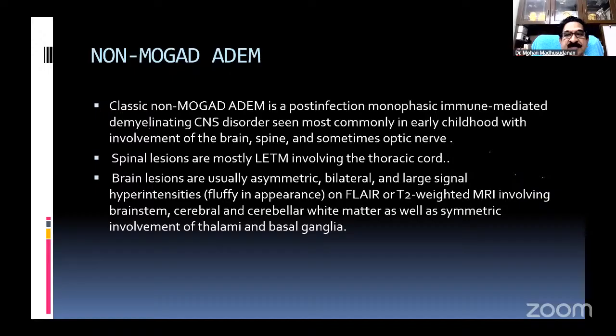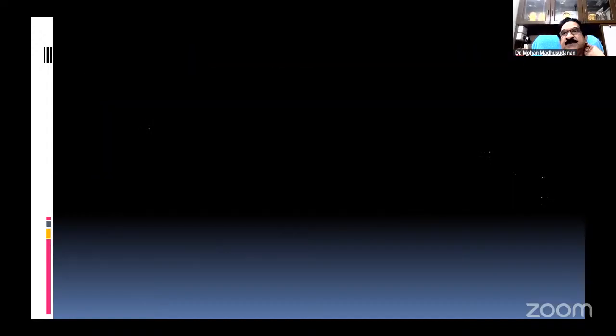Bilateral, large signal hyperintensity, fluffy in appearance, just like our patient, on FLAIR or T2 weighted MRI, involving brainstem, cerebellar white matter, as well as symmetrical involvement of the thalami and basal ganglia. Exactly the same picture that we have seen in our patient. Gadolinium enhancement varies. So that's the story.